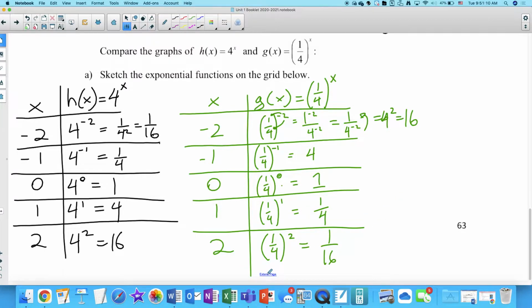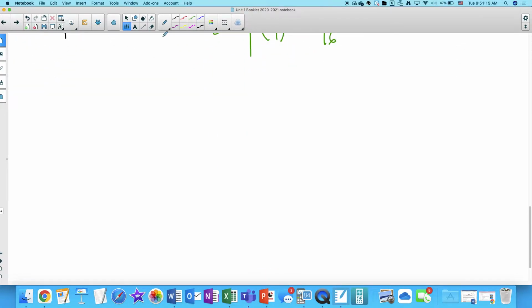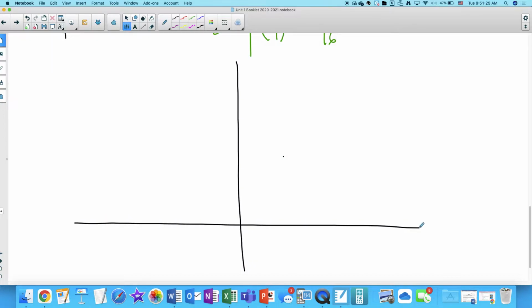I know this is on your next page, but I want to graph it by hand, because it gives you a really good understanding of what's going on. So here's 0, -1, -2, 1, 2. Let's say up here is 16, 8, 4.